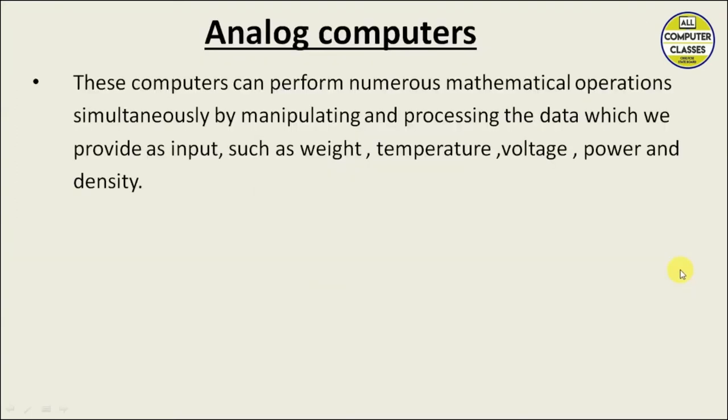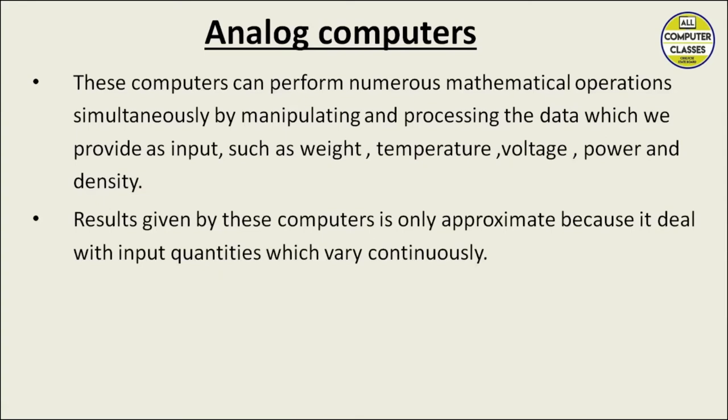So first of all, analog computers. Analog computers can perform numerous mathematical operations simultaneously. So speciality of analog computer is they perform numerous mathematical operations simultaneously by manipulating and processing the data which are provided as an input, such as weight, temperature, voltage, power, density, etc. Then the result given by these computers is only approximate because it deals with the input quantity which varies continuously.